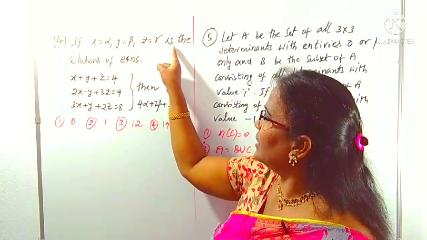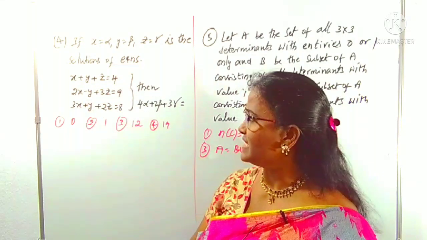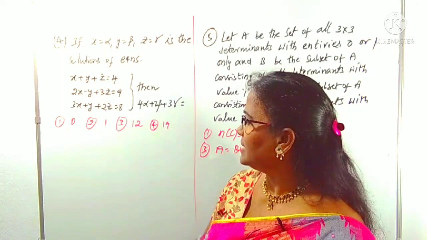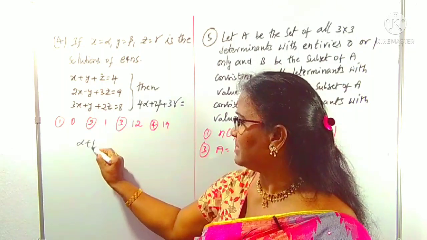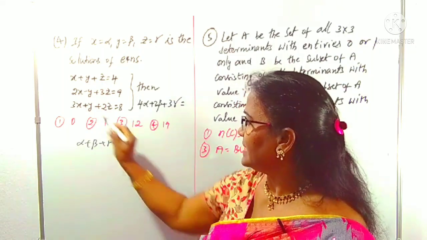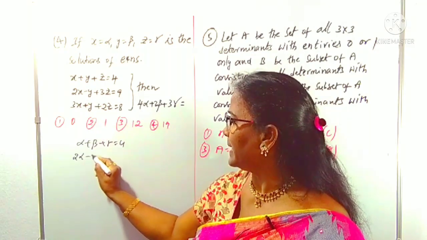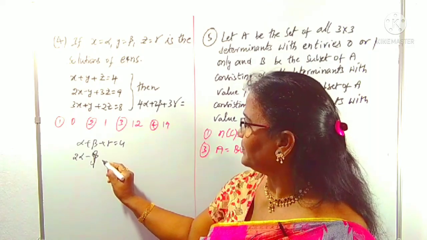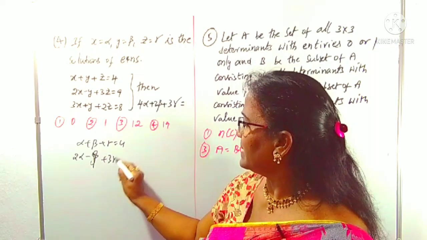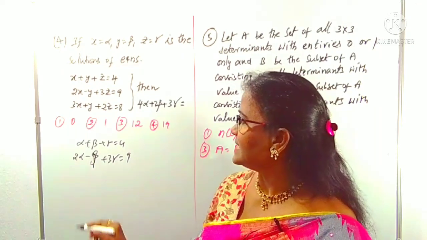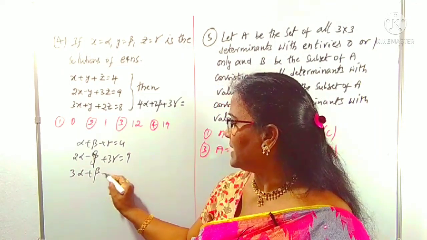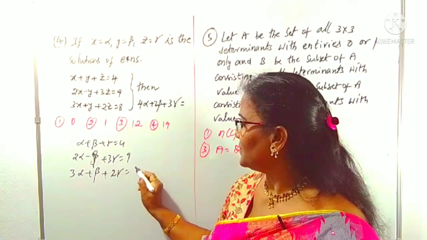Alpha, beta, gamma is the solution of this equation, means what? The first equation becomes alpha plus beta plus gamma is 4. Second equation: 2 alpha minus y means minus beta plus 3 gamma is equal to 9, right? Now the third equation: 3 alpha plus beta plus 2 gamma is equal to 8.